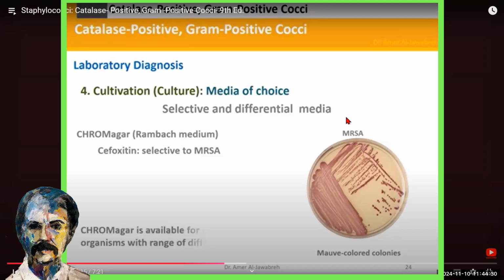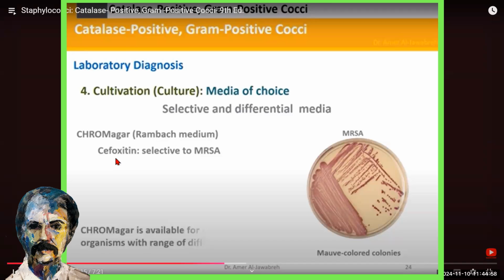Chrome means color. So chrome agar, Rambach medium. This medium, you can see the color here, is mauve colored and contains cefoxitin. Cefoxitin is an antibiotic, and it can also make a distinction and differentiation between MRSA and non-MRSA.